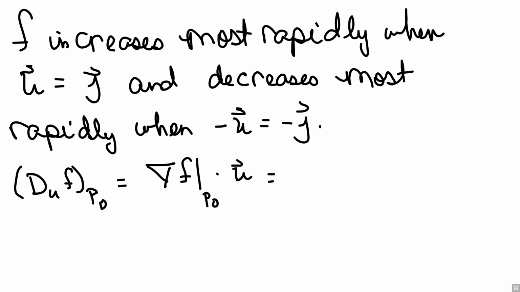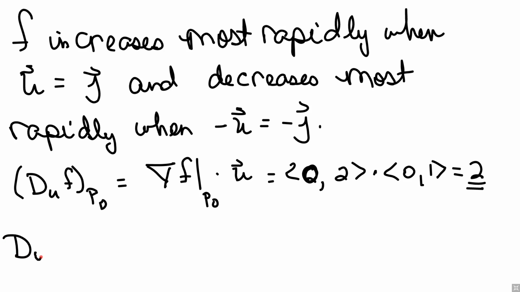The gradient evaluated here is the vector (0, 2), dotted with (0, 1). So we're going to get an answer of 2.